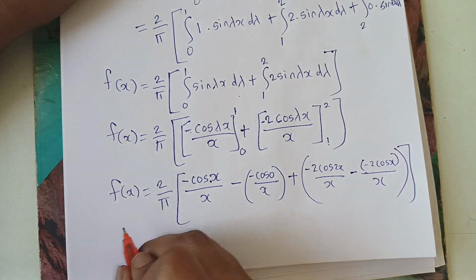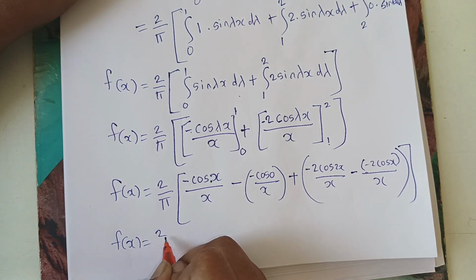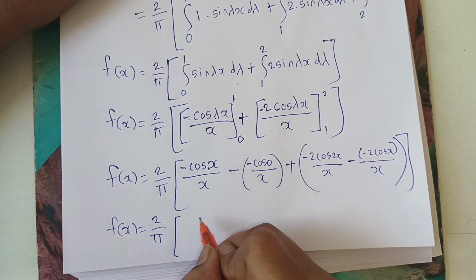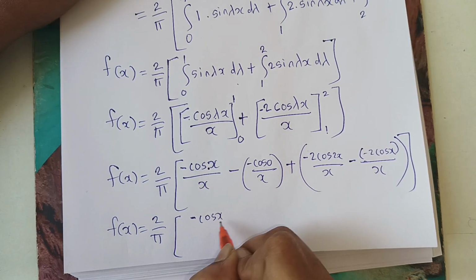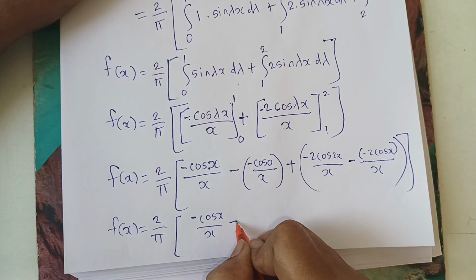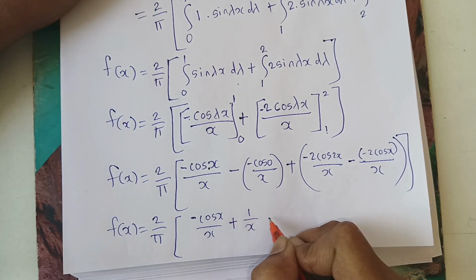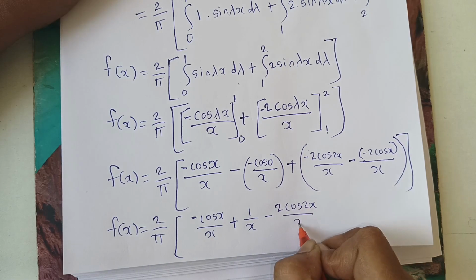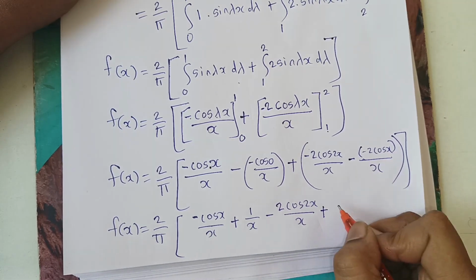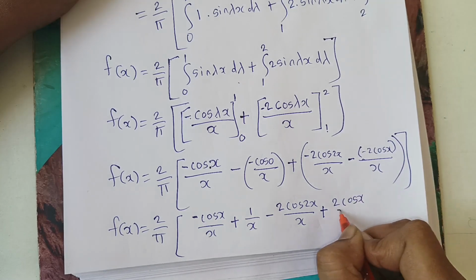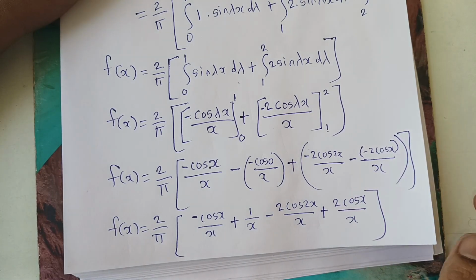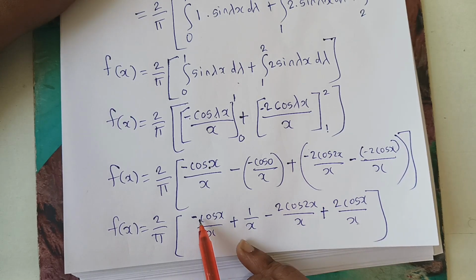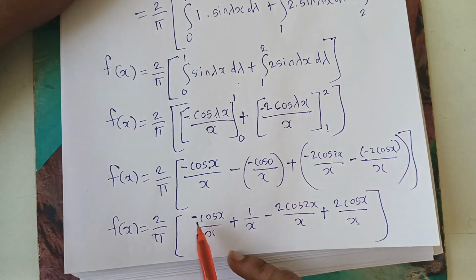Close the bracket. So f of x is equal to 2 by pi, minus cos x by x, plus cos 0 is 1, so 1 by x, minus 2 cos 2x by x, plus 2 cos x by x. Each denominator is x, so you can add and subtract the numerators.